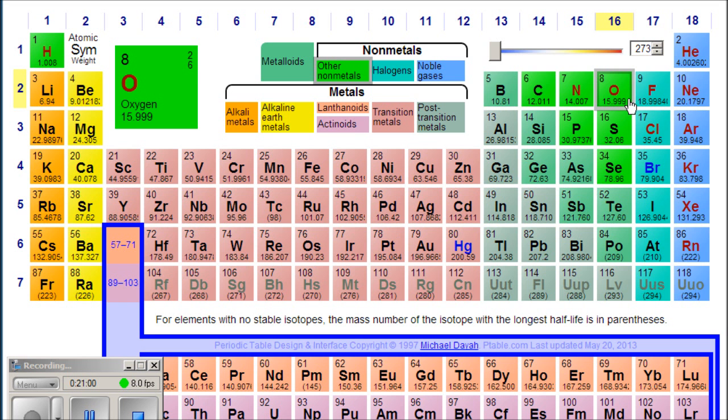Now, the question is, will the oxygen outermost electron be more attracted to the oxygen nucleus than the sulfur outermost electron is attracted to the sulfur nucleus? And the answer to this is that the oxygen outermost electron is going to be more attracted to the nucleus. It's going to take more energy to overcome that attraction. So oxygen is going to have a higher ionization energy than sulfur.